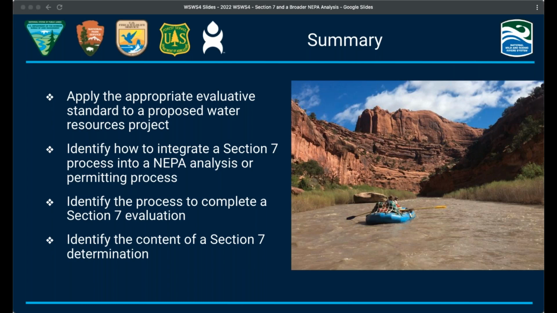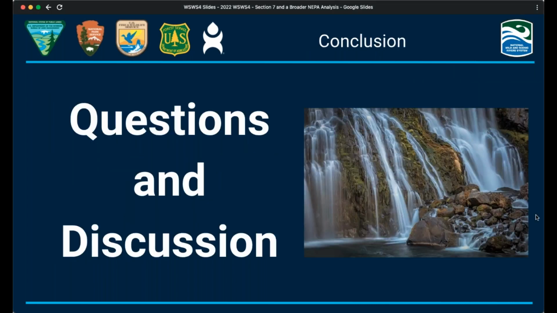We've looked at the key steps to complete a Section 7 evaluation, and we've gone over what information to include in a written Section 7 determination. And with that, I think we'll open it up for any questions, comments, or discussion.